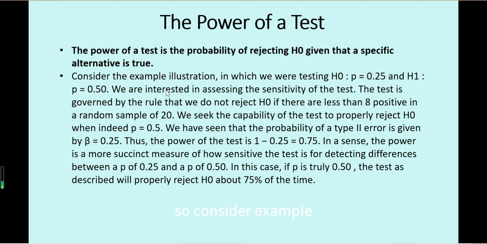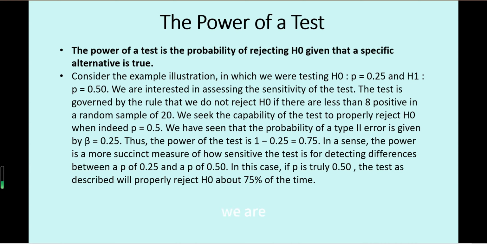So consider an example. We will test H0. The null hypothesis is that the success rate in a binomial process is 0.25 for each trial, and the alternative hypothesis H1 is that the probability of success in a binomial trial is 0.50.